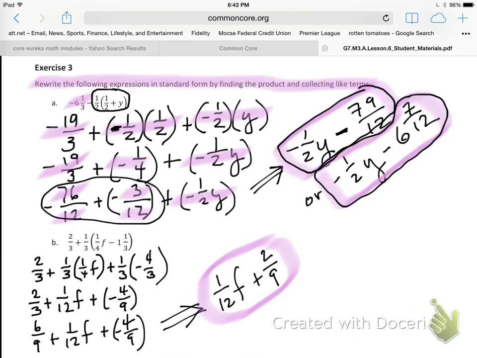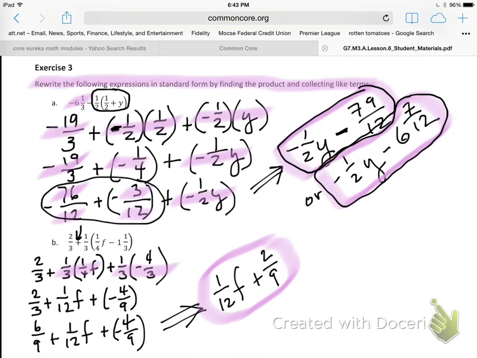All right, down to the next one, B. Actually, I didn't do the same thing. I didn't need that mixed number step, so I just brought everything down but did my distribution here. One thing you can notice is that my 1/3, which I'm distributing, is a positive, so I don't need to mess with that.